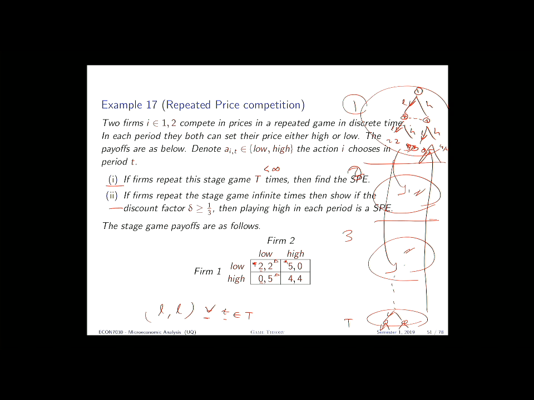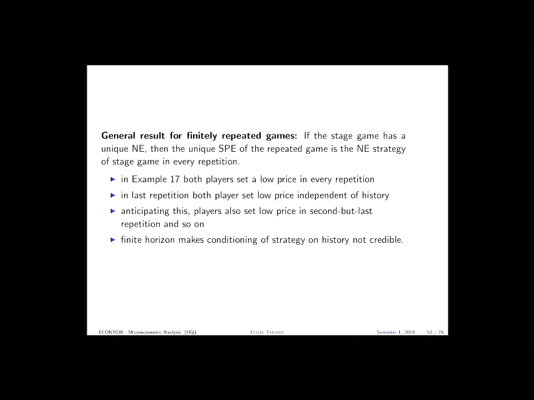Okay, so now everybody happy with the general result in the finitely repeated games? One thing we know: if there's a single NE, that would be the SPE of the finite horizon repeated game at every stage of the game.